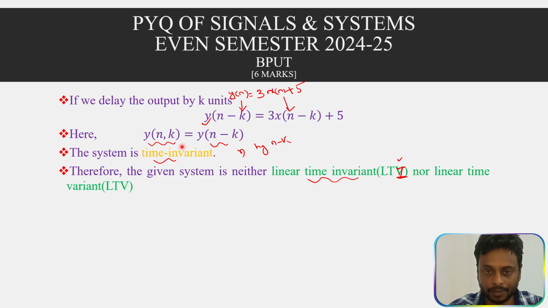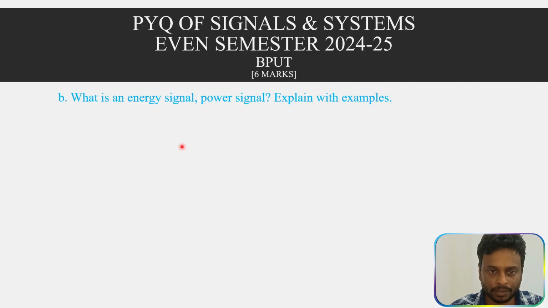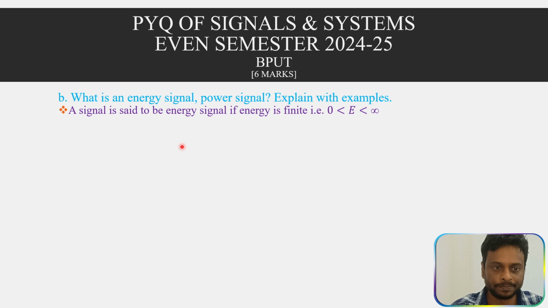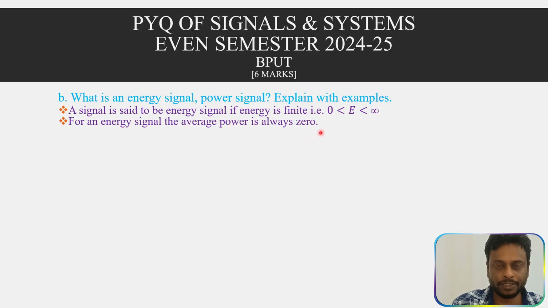Okay. So this is your first 6 mark question. Second is partition energy signal and power signal explained with examples. A signal is said to be an energy signal if the energy is finite and the average power is zero. If the average power is equal to zero and the energy is finite, then the signal is called an energy signal.